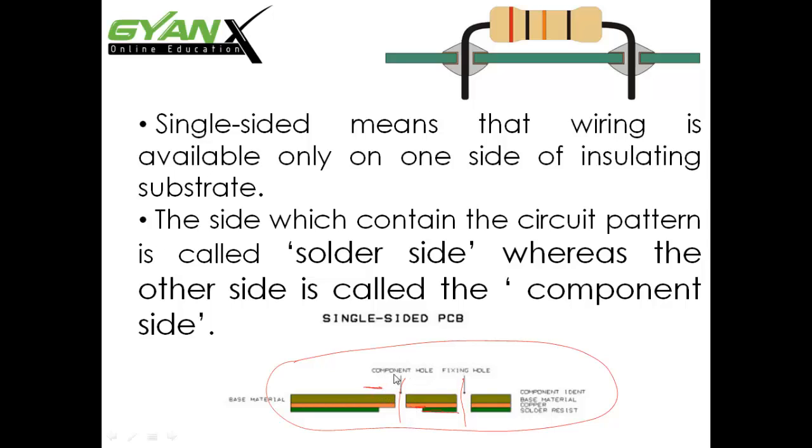Here we are going to solder our components. Suppose I want to solder a resistor, I will put the resistor here, and I can solder the component here. The side which contains the circuit pattern is called the solder side, whereas the other side is called the component side.